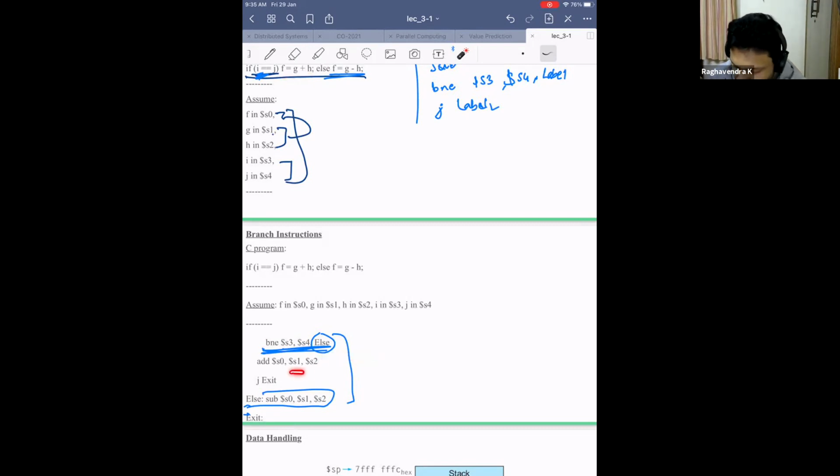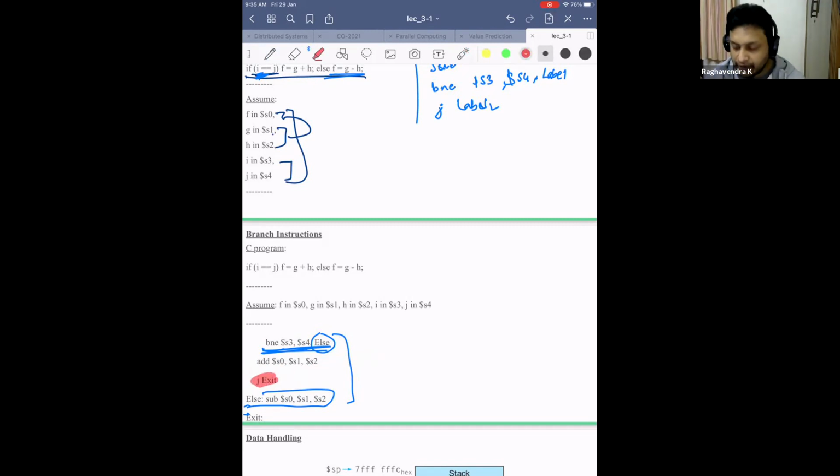So I add S1 and S2 and store it in S0. Then the next instruction, I have to have an unconditional jump, because if I don't have this, then I do an add and then I do a subtract, which doesn't make any sense, right? Let's say I didn't have this, then what would have happened?